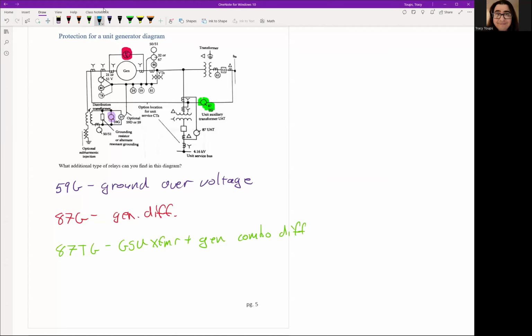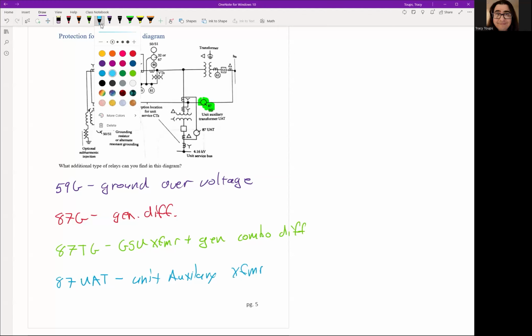And then third, if you see down here, we have a unit service bus. So this is called the auxiliary bus. So we need another 87 differential for the unit auxiliary transformer, UAT. Okay, so we have a kind of smaller transformer right here, and we have a differential there to protect it.